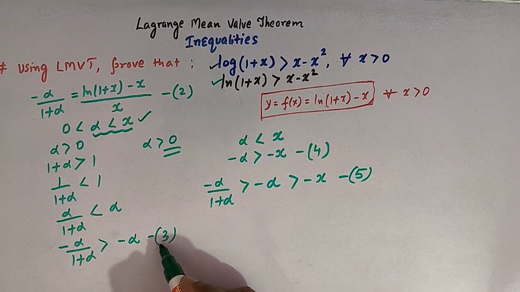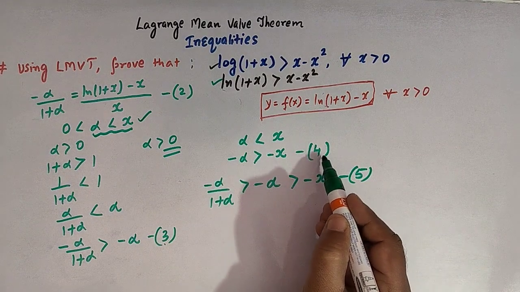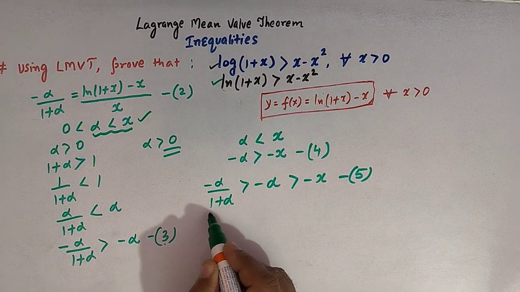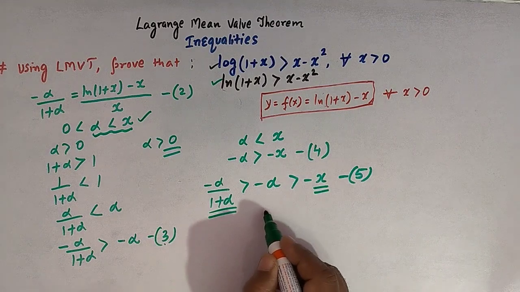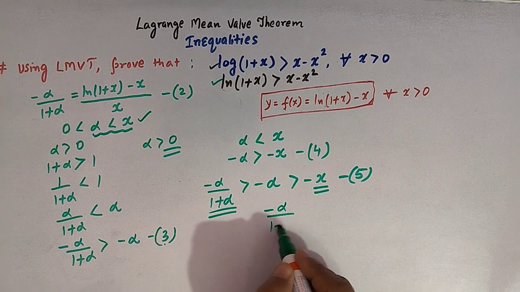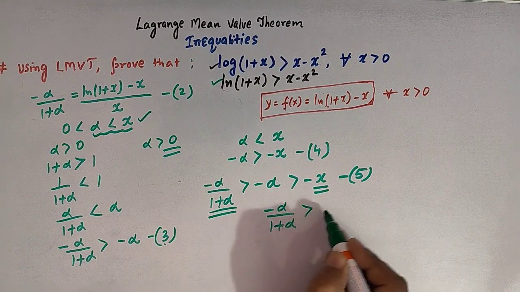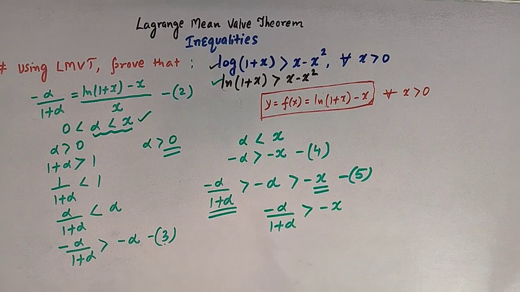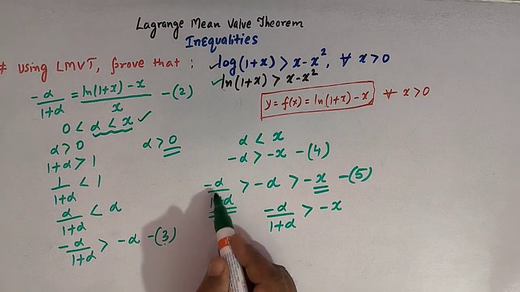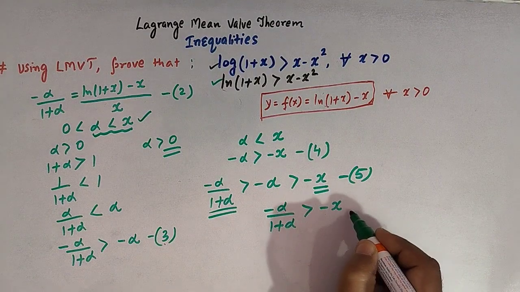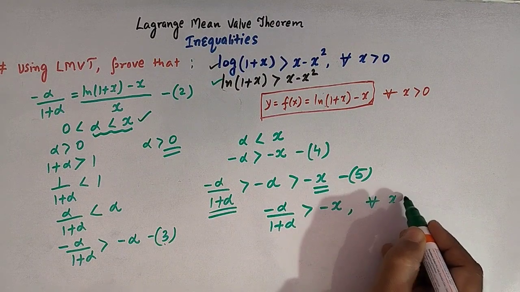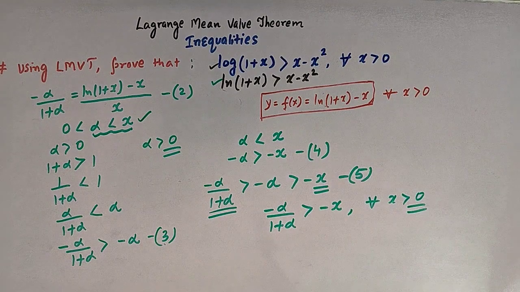So what we have done here, we have merged inequality number 3 and 4, right? Now if we retain these two terms, then we'll have minus alpha over 1 plus alpha is greater than minus x, right? So minus alpha over 1 plus alpha is greater than minus x for all x greater than 0, right?